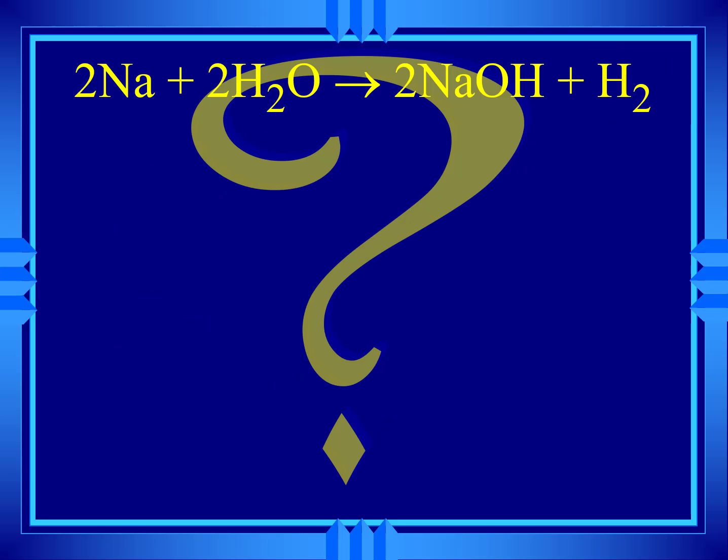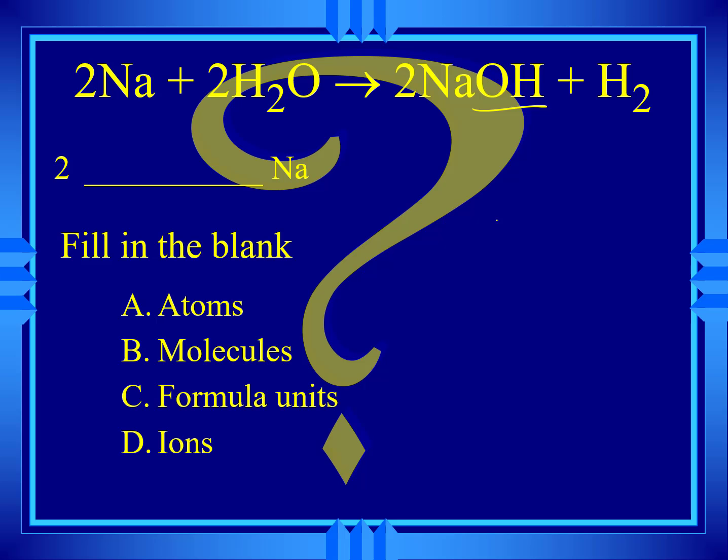Let's try one more. A single replacement reaction happens between sodium and water. Water gets treated as HOH, sodium replaces one of them, and it makes NaOH and H2. And I've balanced the equation. So to interpret this in terms of particles, first I'm going to write 2. Then I have to decide what kind of piece Na is.